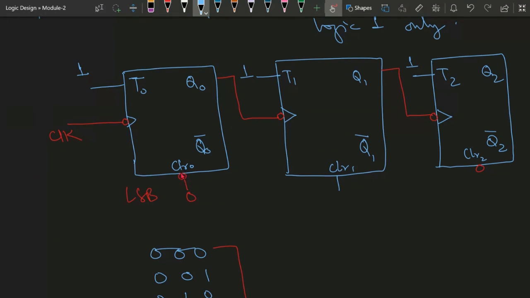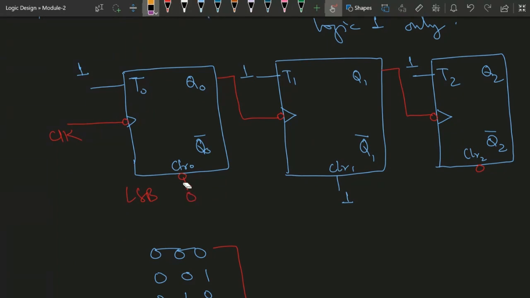If the bubble is there, it means that if we provide 0 to the clear pin, it will clear the output. That is, Q0 will be reset to 0. If the bubble is not there, it means it is cleared when logic 1 is applied to the clear pin.